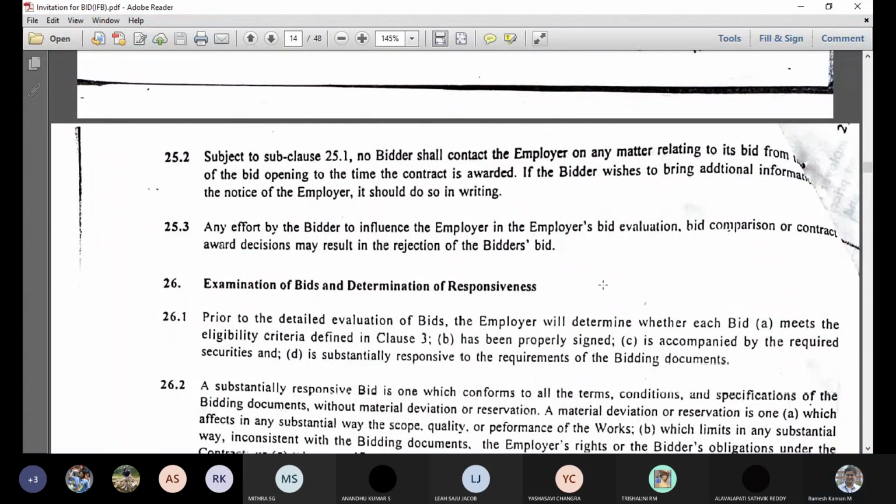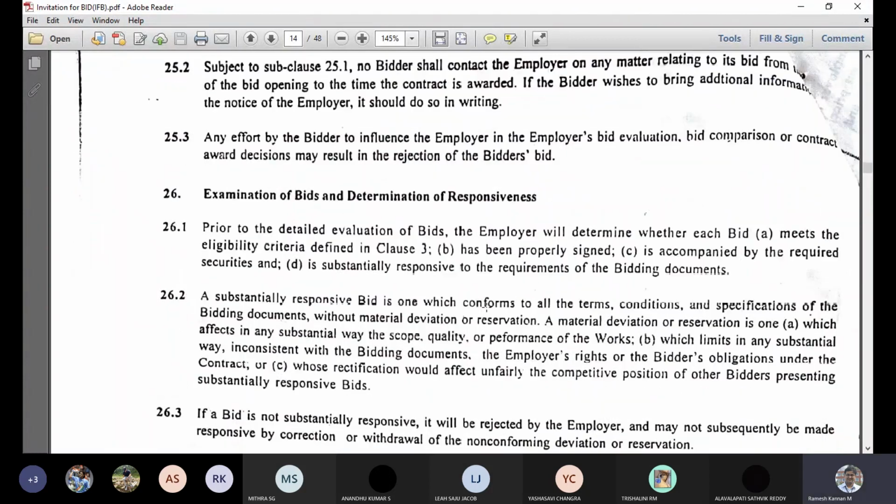So something like that. And then the examination of bids and the determination of responsiveness. This is a very important term called responsiveness, where the contractor or the person who responds or submits a bid proposal should be in a position, or in an active position, to take up the corresponding things. Even if it's an open bid where anybody can bid, there should be some amount of authenticity, and also some amount of sureness to compete not only for the bidding but also to take up the project, right?